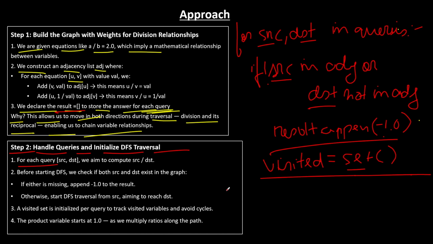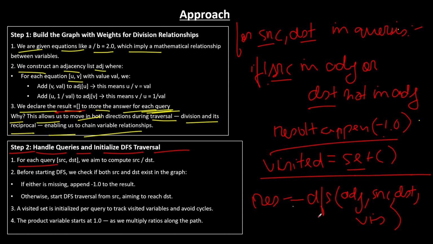We will declare this and pass it to DFS: adjacency list, source, destination, which we got from here, and the visited set. Now, why have we taken this res variable? Because the DFS call will return some product. If you remember, we have to find the value of a by c or d by e, whatever. So we need something to store the returned value. That's why we have declared this variable and initialized the DFS function for it.